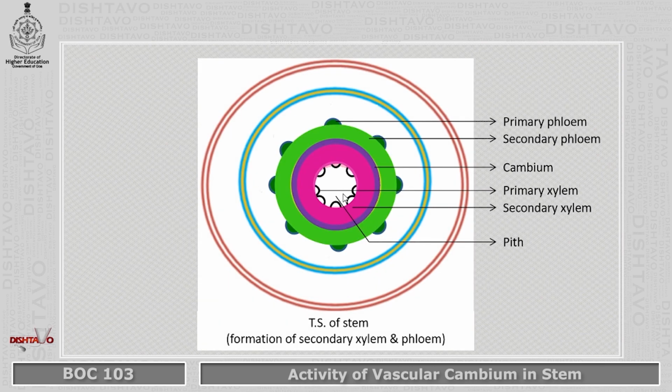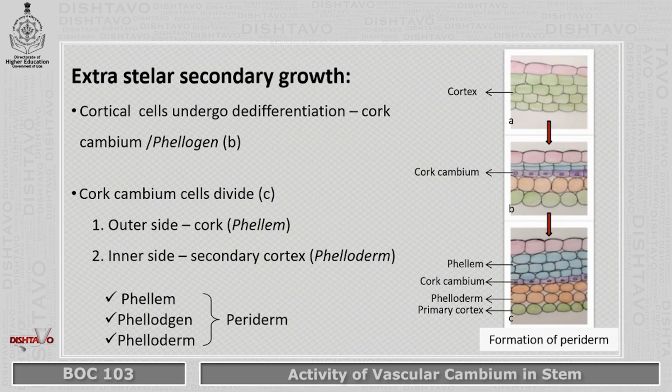As secondary growth advances, the cambial cell produces more secondary xylem towards the inner side, pushing the primary xylem towards the pith, and towards the outer side it produces a lesser quantity of secondary phloem. As a result, there is an increase in the diameter of the stem.